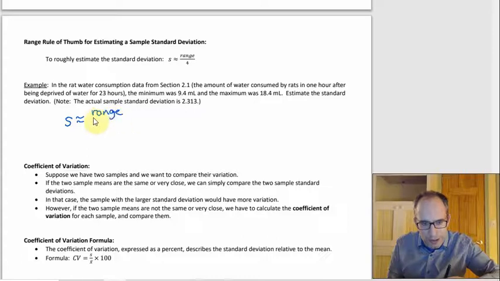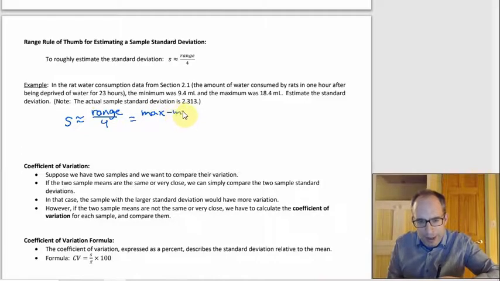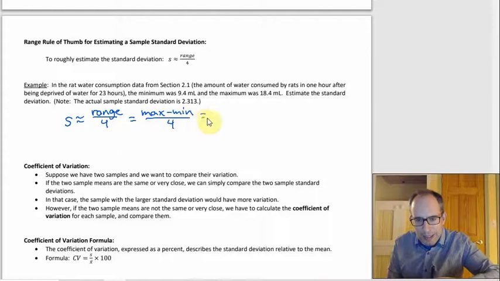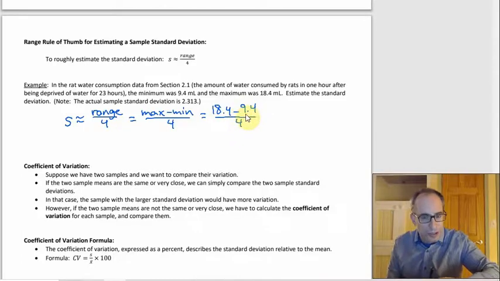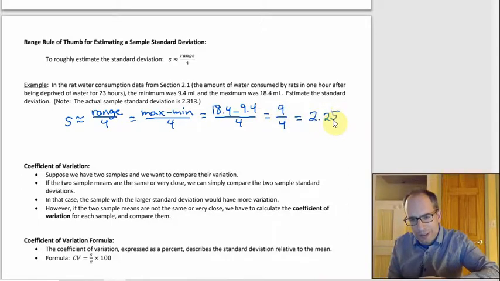So range over 4, really that's max minus min over 4, but the max is 18.4 and the min is 9.4, and then we're dividing by 4. So the numerator is really just 9, right? So this is 9/4. So it's 2.25. Not bad.